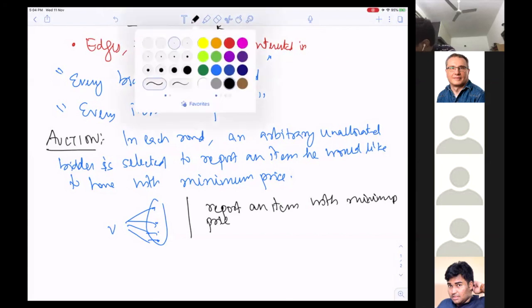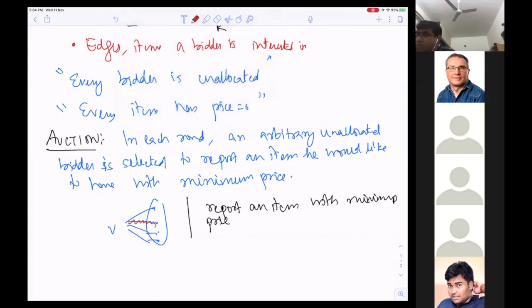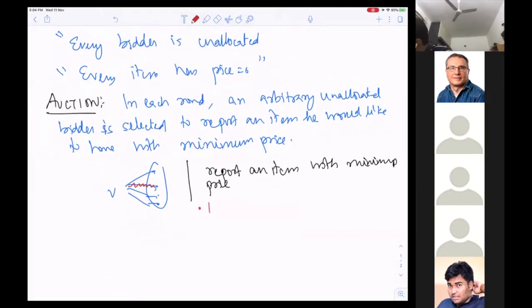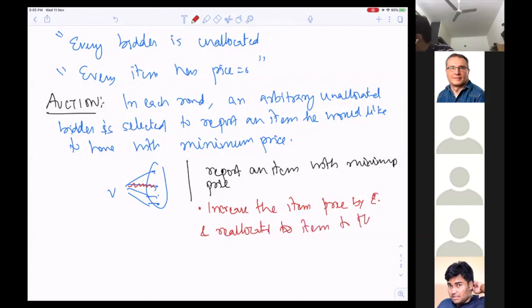Because he's willing to pay a little bit more. How does he bid? He increases the item price by some epsilon, and reallocates the item to this bidder.